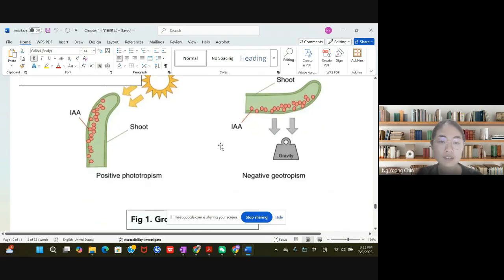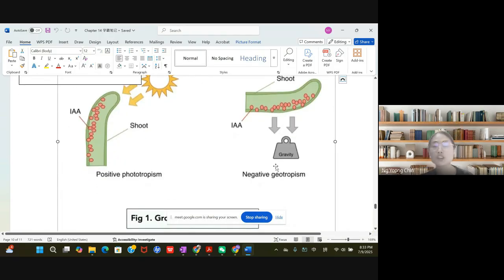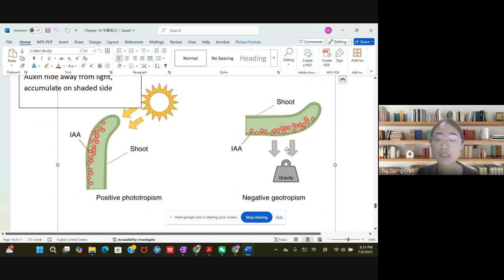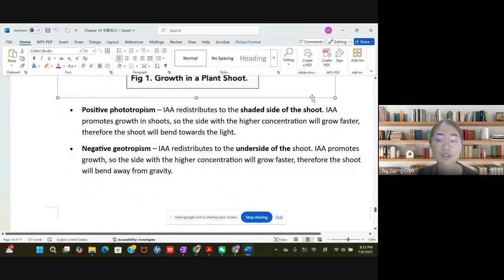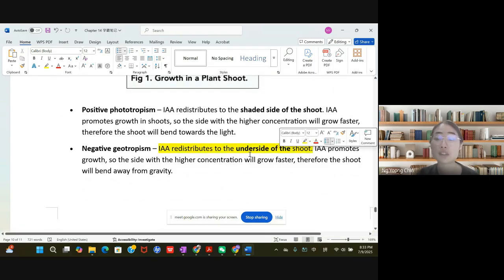So the shoot is able to show negative gravitropism, meaning they grow away from the gravity, because the auxins will distribute on the underside. When they are distributed to the underside, they will cause the underside to elongate more. So if the underside elongates more, they will cause the shoot to grow in the upward direction.